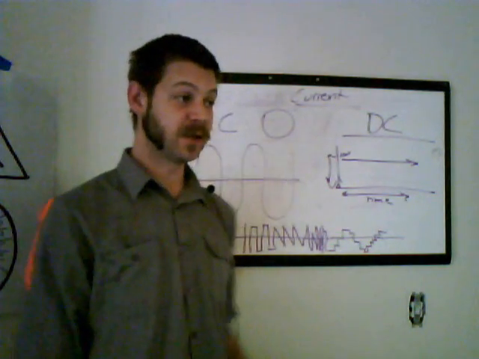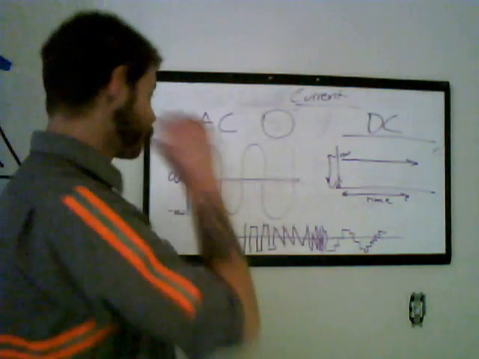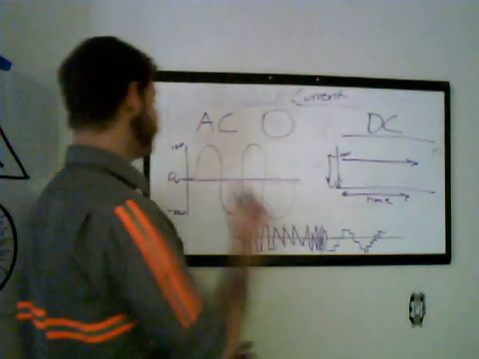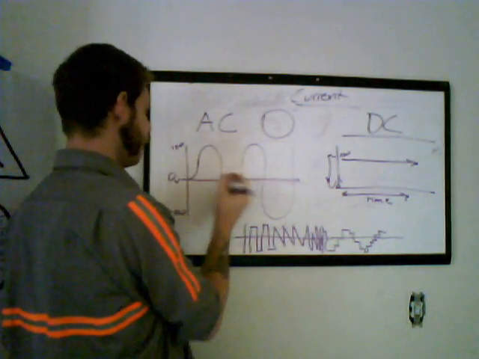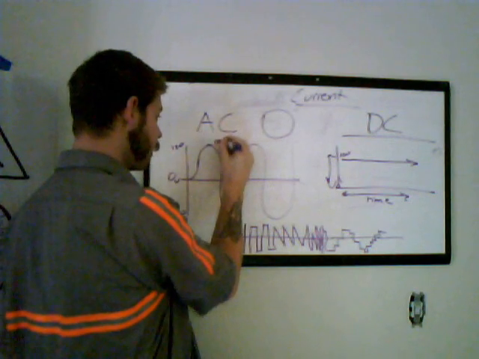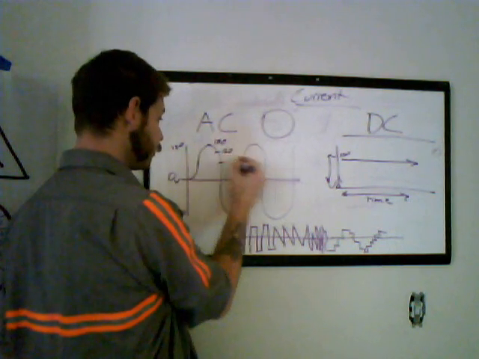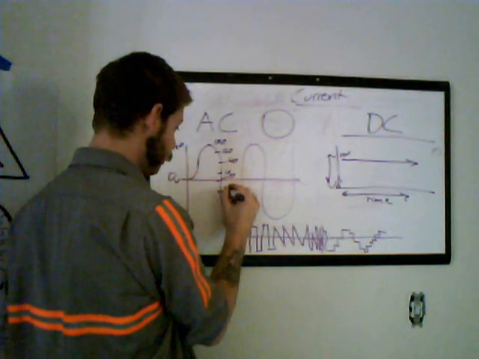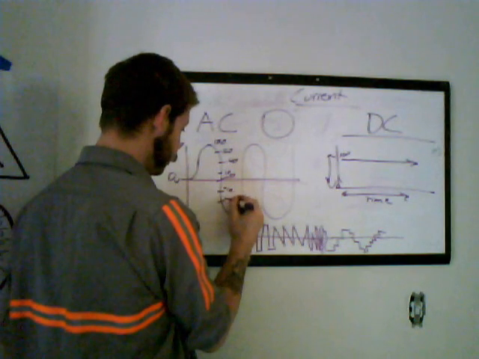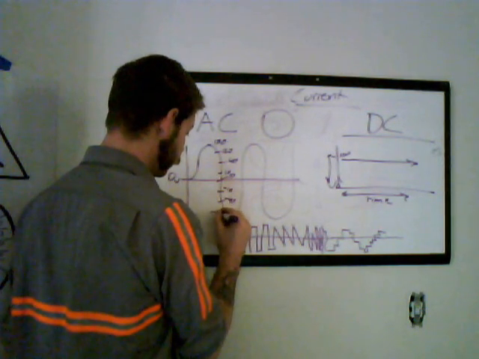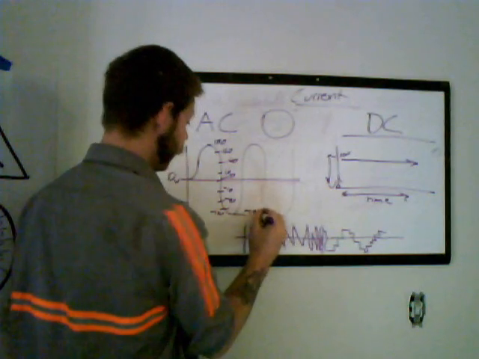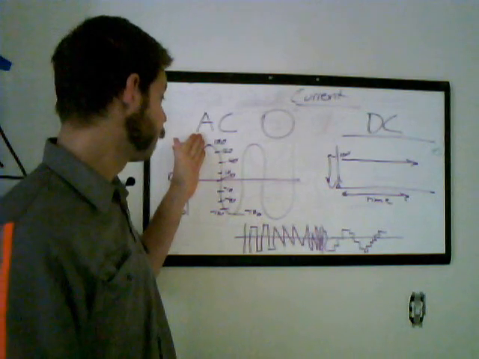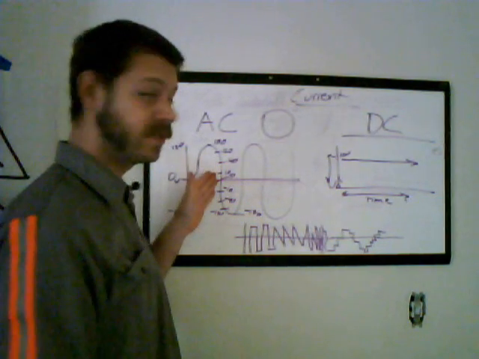One more thing about AC and DC current. AC current is not the easiest thing to measure, because instantaneously, as these values change, you will have different voltages. If you measure right here, you're going to get a measurement of 170 volts. An instant later, 120, an instant later, 40, an instant later, 10.